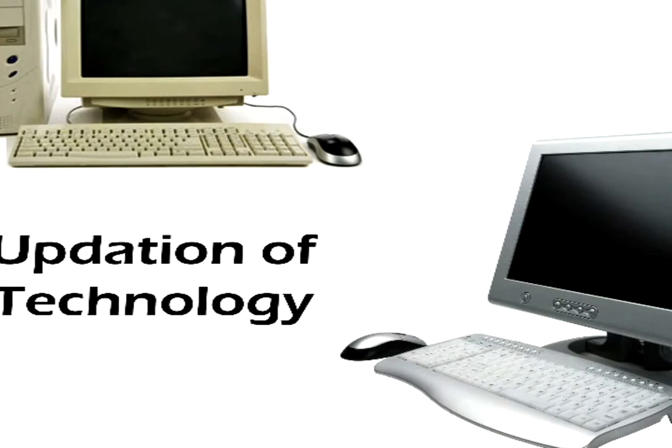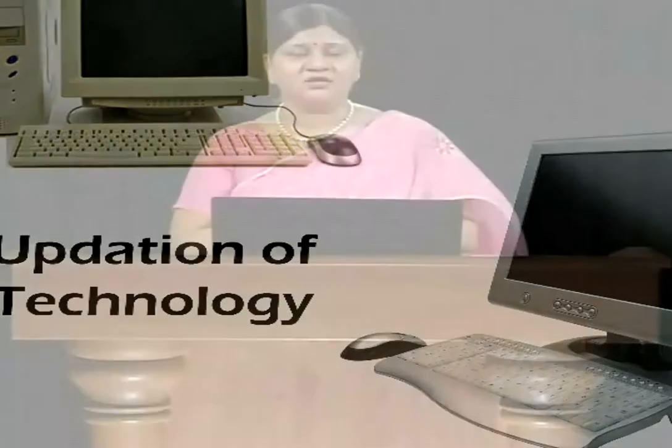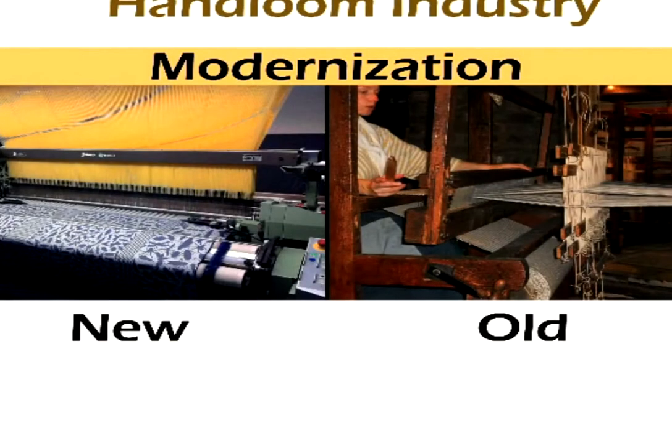It mostly happens in the case of technology, computers. Second is modernization, to install new machinery in the place of old one which has become technologically outdated. For example, in a handloom, earlier certain manual machine was used. Now that will be replaced by a totally new machine with advanced technologies.